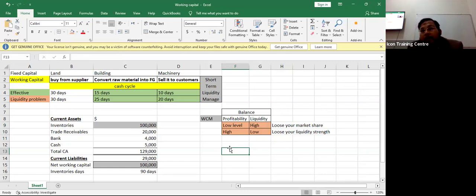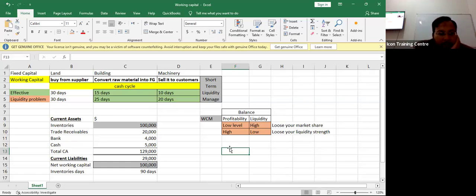Usually raw material we keep to convert, so the machine is working. We can convert in a short period of time from raw material inventory to finished goods, but we can't sell it. Yeah, same problem.